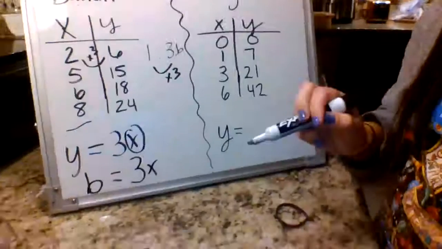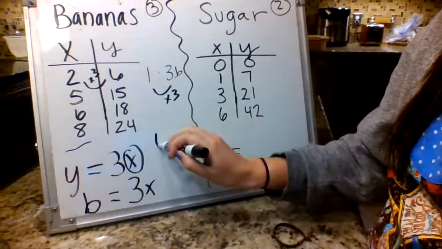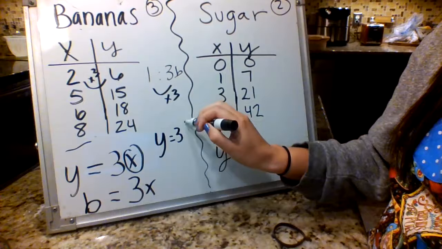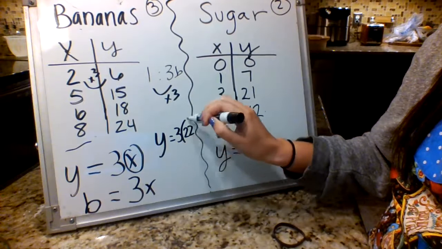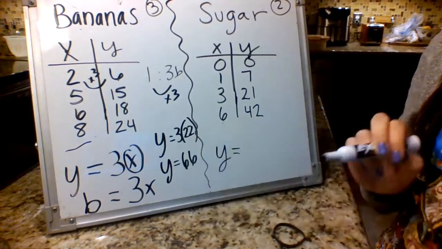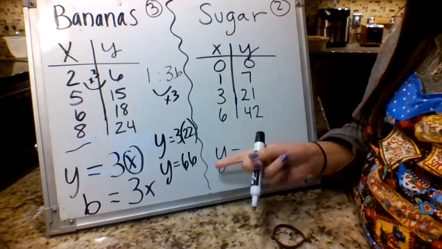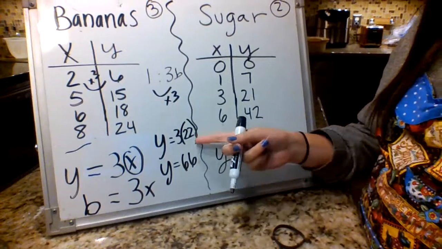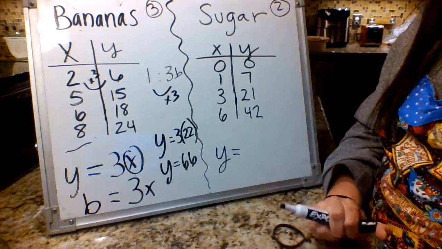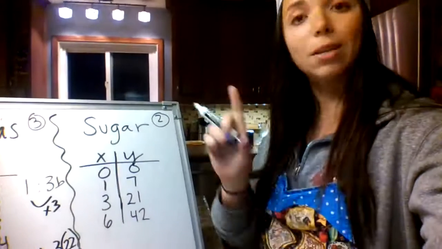I can use my equation and say Y equals 3 times X, which I'm going to put in parentheses, 3 times 22. Y equals 66. So that would mean in order to make 22 batches or 22 loaves of banana bread, I would need 66 bananas. Pretty crazy. That's a lot of bananas. Thankfully, I don't need to make that many loaves. I'm just making 1, which means I need 3 bananas.